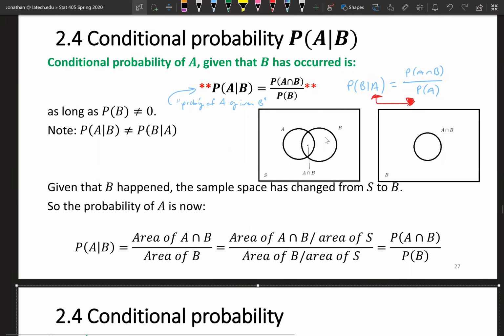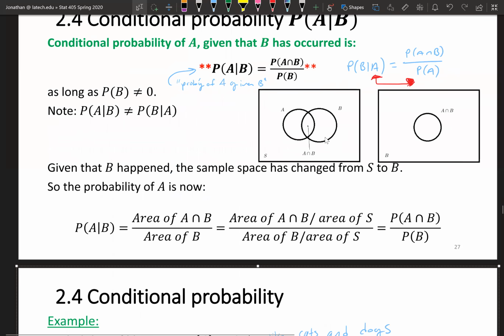It's the probability of the intersection A intersect B divided by the probability of B. So given that B has occurred, what's the probability of A? Which is a different question from saying, given that A has occurred, what's the probability of B? In general, they're not the same probability.